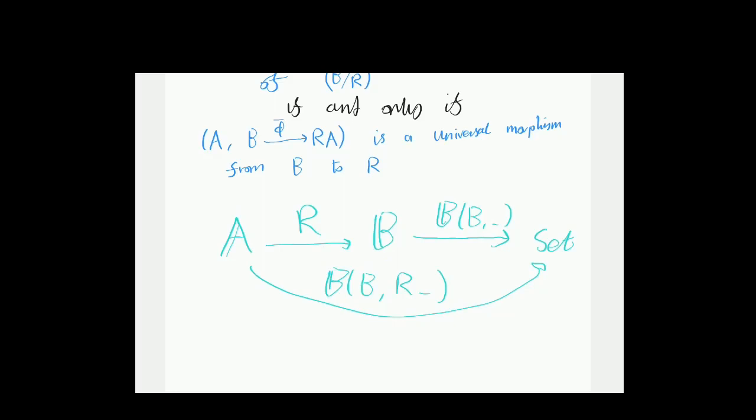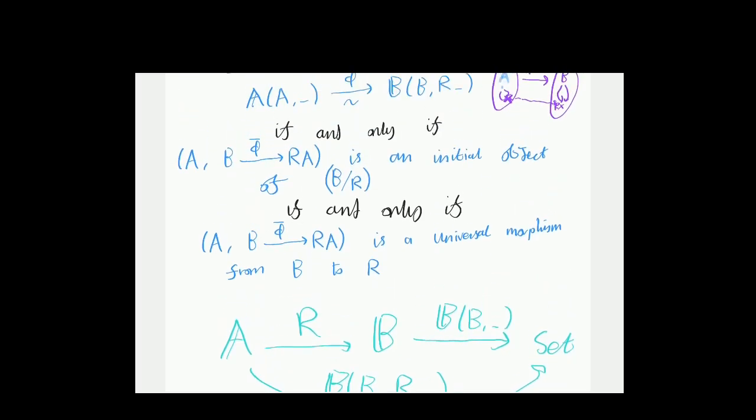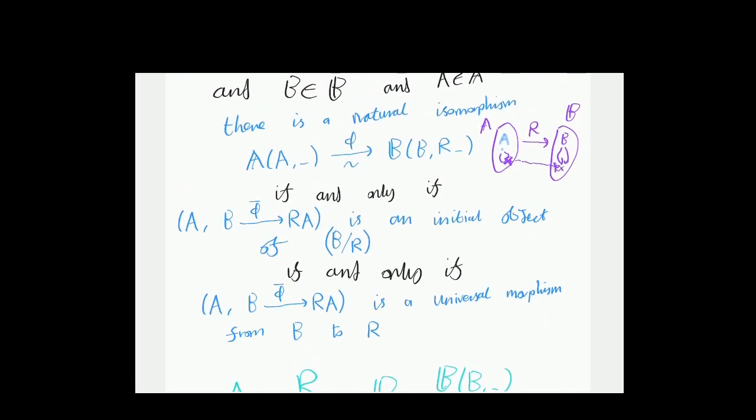So you can kind of think of this as a kind of set theoretic representation of how this object capital B sees the stuff that comes into scripty B via R. Okay, yeah, this is our starting point.